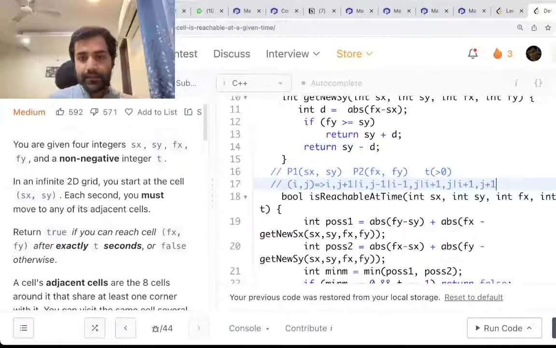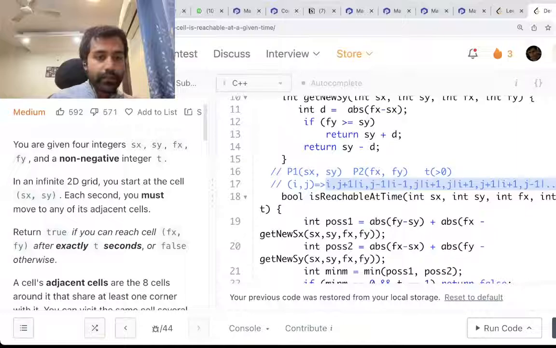And the point diagonally down towards the left, you can call i plus 1, j minus 1. Similarly, there are two more points towards the upside, and they will be i minus 1, j plus 1 and i minus 1, j minus 1. I'm not writing them; I believe you can understand what those points will be. So basically, if you have a point i comma j, there are going to be 8 neighbors of it, correct?